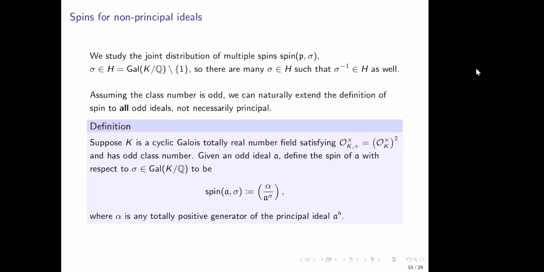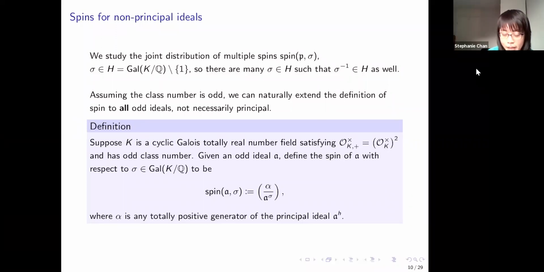Stephanie, why would it not be enough to just assume that the ideal has odd order in the class group and then take this H to be the order? That would be enough as well. It's just, in our case, it's easier to work with all ideals in the field. But yes, if you restrict to those with odd order, then you can also define something similar.